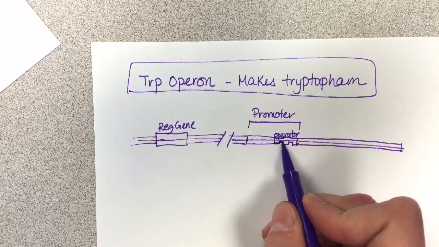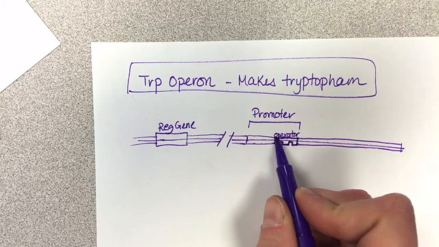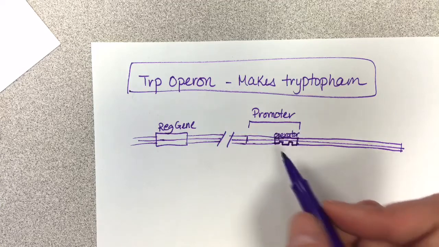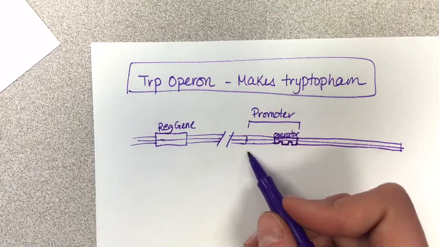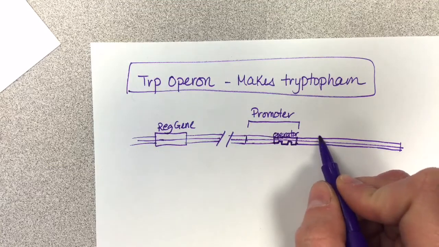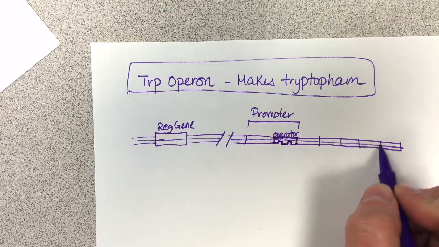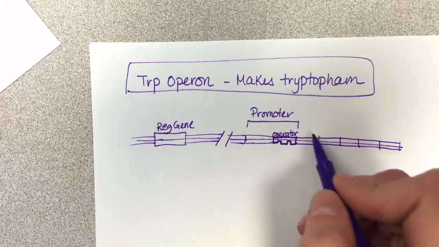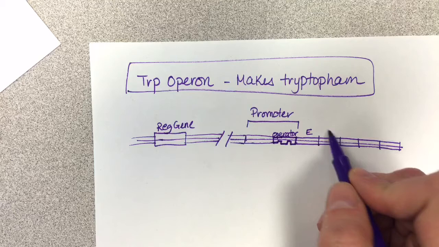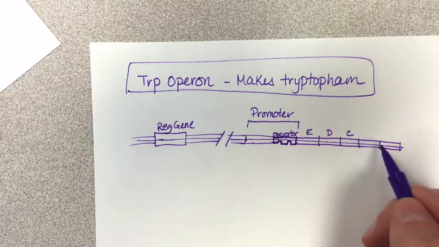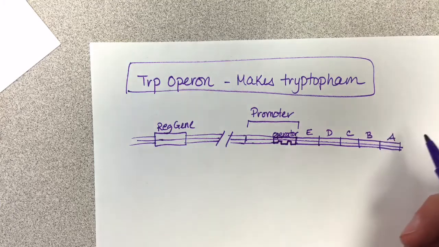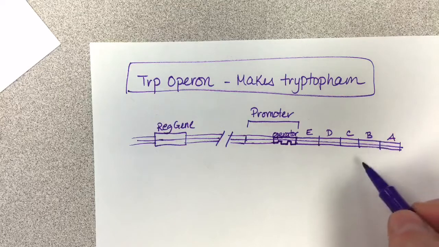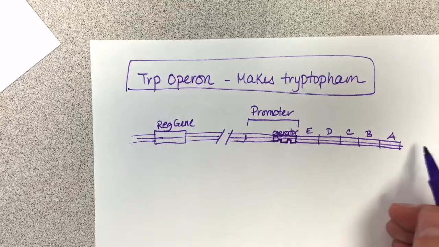This has a specific binding site, and the operator region is part of that promoter region. And then after the promoter region, you have your genes. There are 5 genes, A, B, C, D, E, and these are called trpA, trpB, and so on. All right, so that's what we have here.